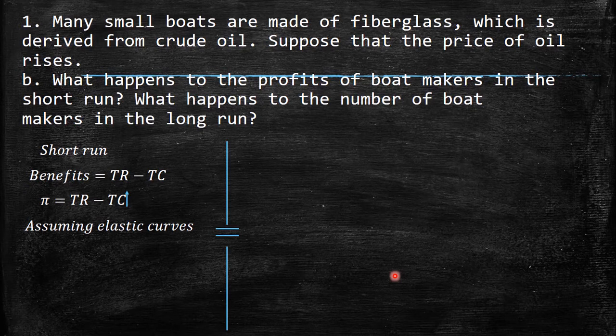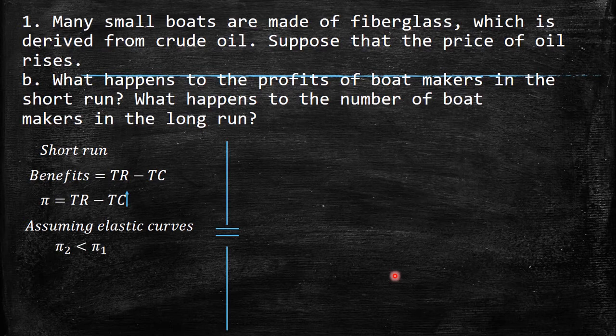So it implies automatically that your total revenue will be higher. But if you are in a market which is elastic, it means that when you change the prices, the quantities will decrease more than the change in the price. So here we need to assume that they are elastic curves.